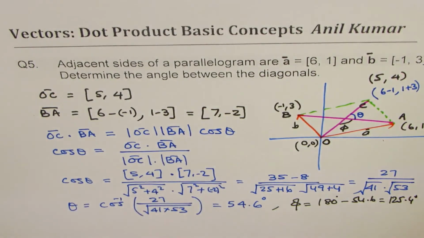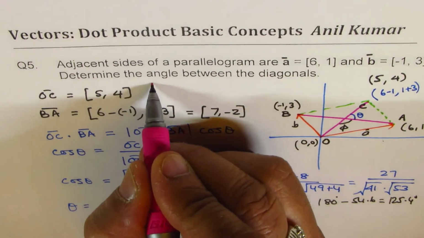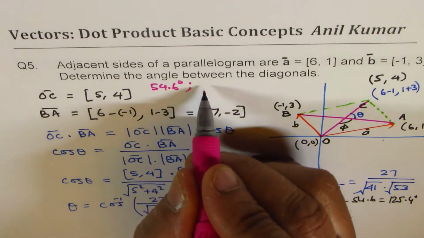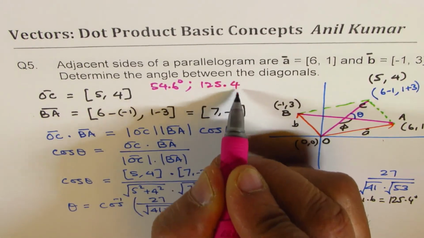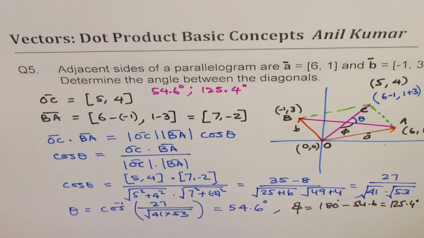So that becomes the answer. The angle between the diagonals is 54.6 degrees and 125.4 degrees, right? So that is how it can be answered. Let's move on and do question number 6 now.